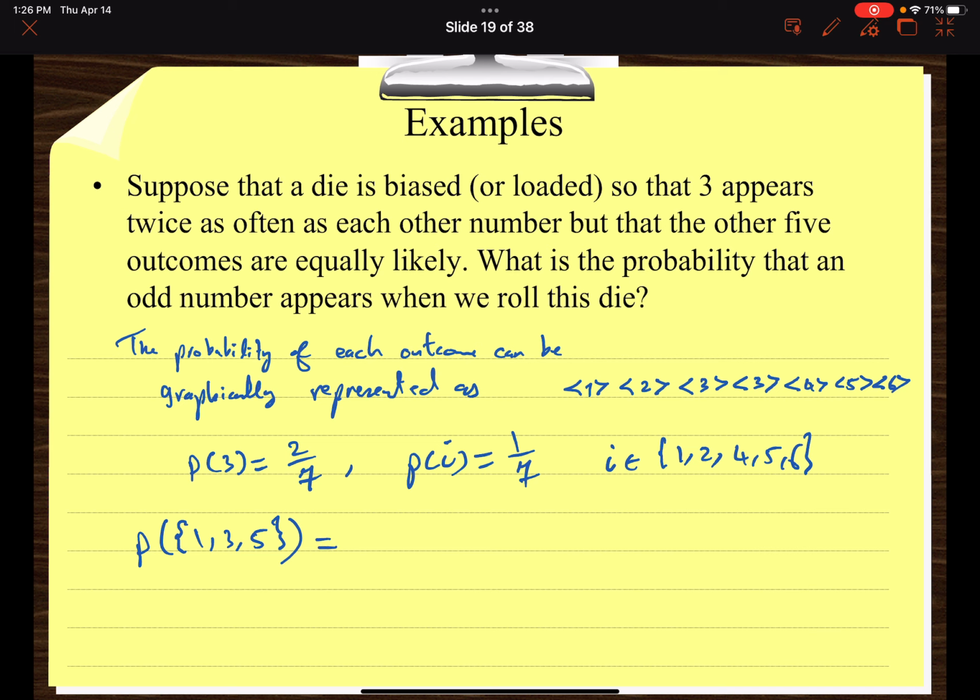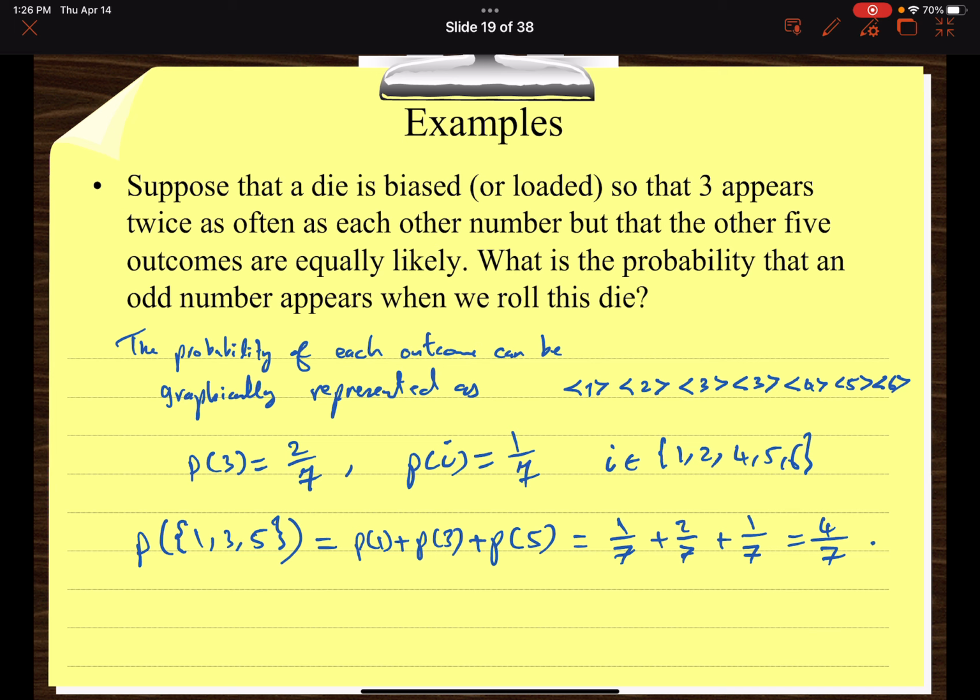So what is the probability of this event? Well, it's the probability of 1 plus probability of 3, plus probability of 5. What is this equal to? 1 over 7 plus 2 over 7 plus 1 over 7, which is equal to 4 over 7.